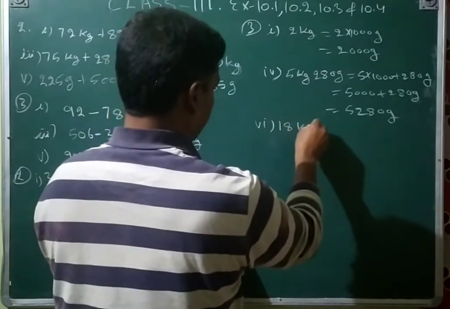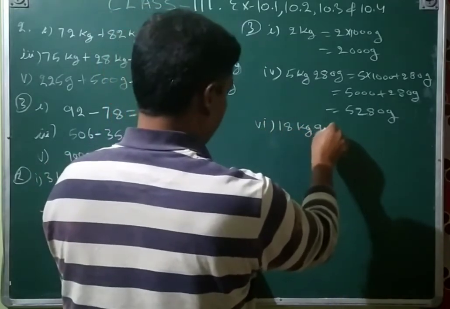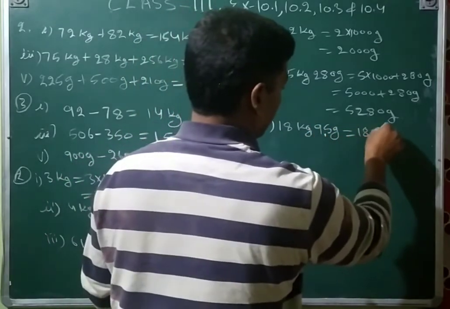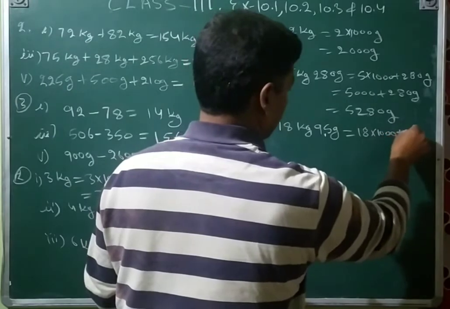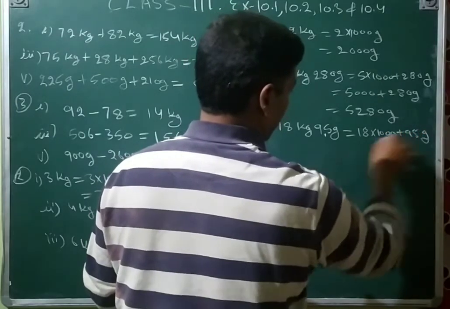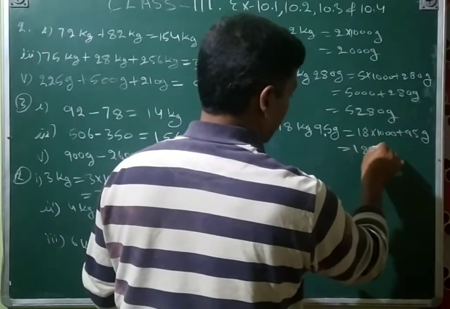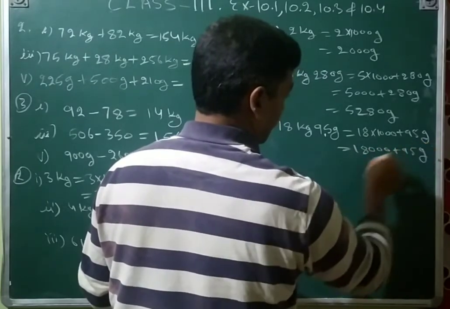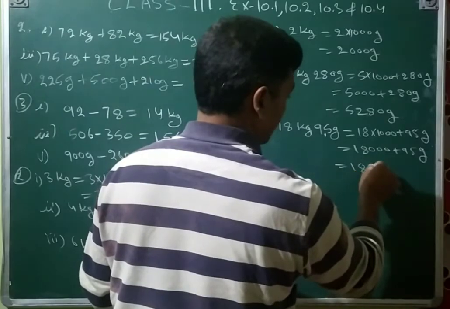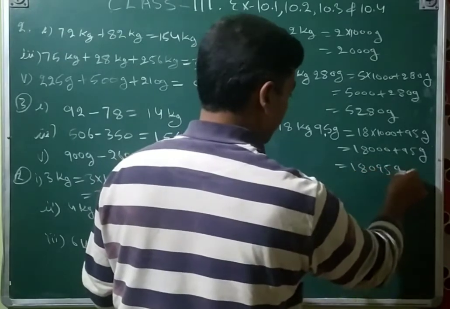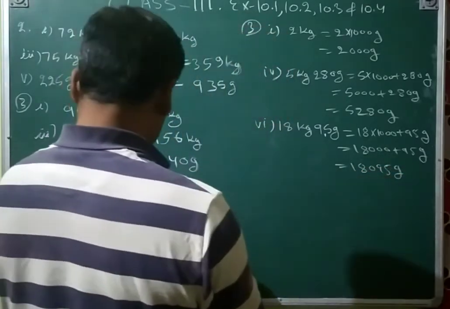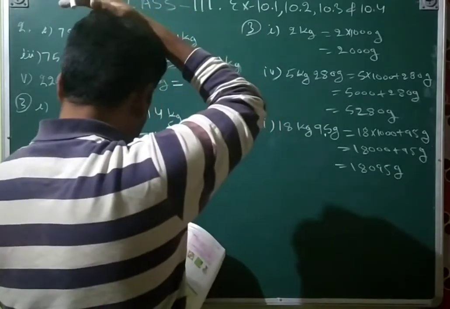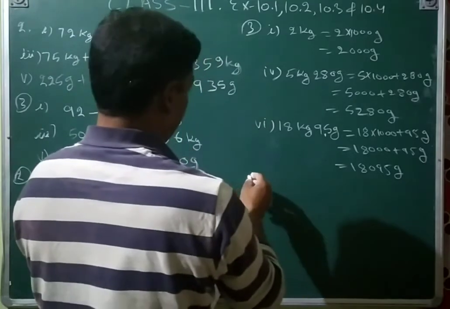18 kg 95 gram. So 18 into 1000 plus 95 gram. So 18,000 plus 95 gram will be 18095 gram. Sorry, the eighth part.